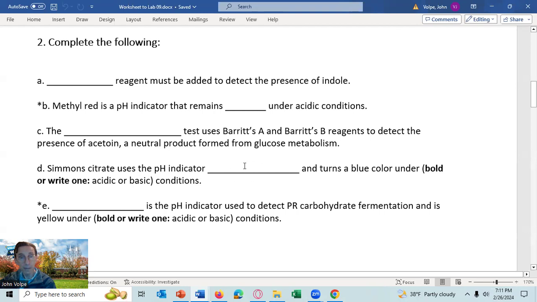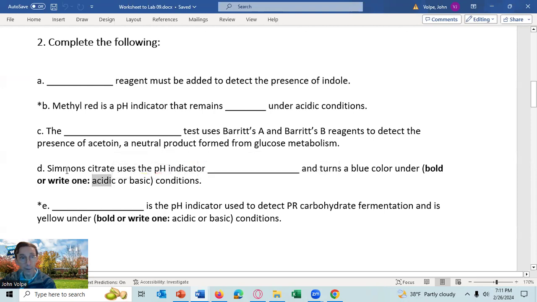Give me the name of the pH indicator, which turns blue under acidic or basic conditions. You need to either bold or write or underline the answer here.